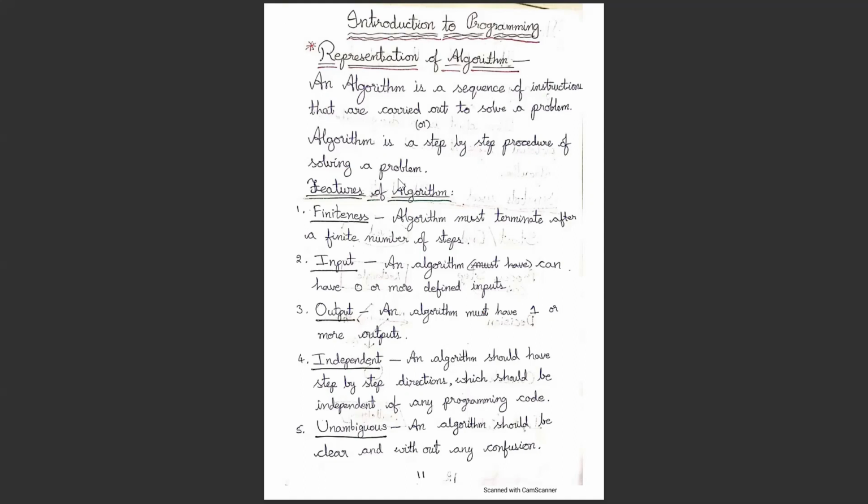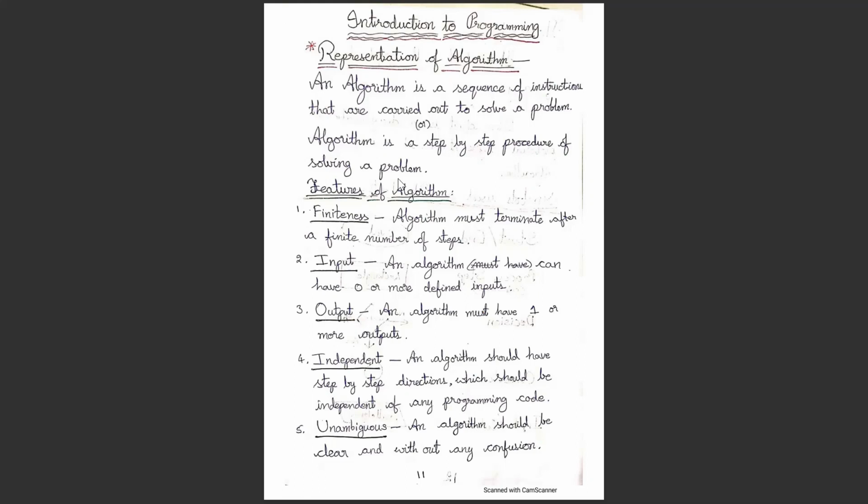So we have some features of an algorithm. First one is finiteness. An algorithm must terminate after a finite number of steps, right? If the program does not terminate within a finite number of steps, I can say that there is no finiteness in that. Next is input. An algorithm can have zero or more defined inputs. Whenever I give input, I'm going to get output.